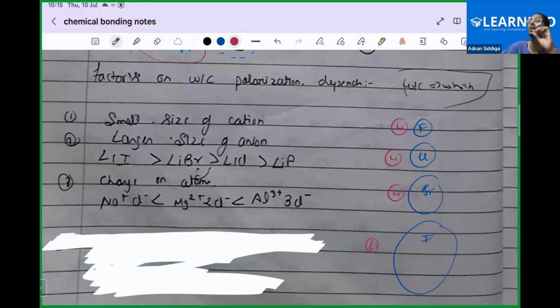See, you are somewhat right. I think you are saying that iodine has the least electronegativity because it has the largest radius, and F is small, right?